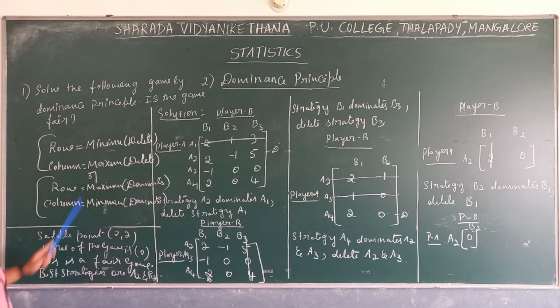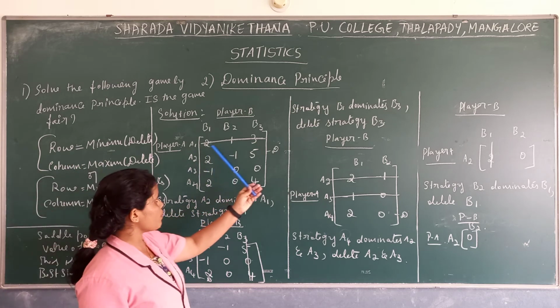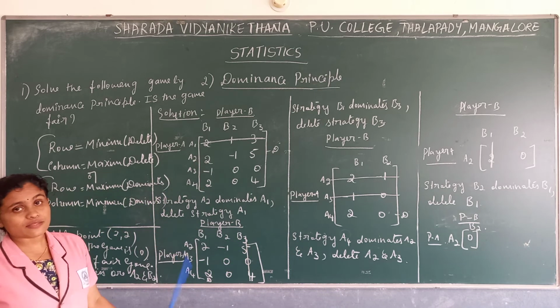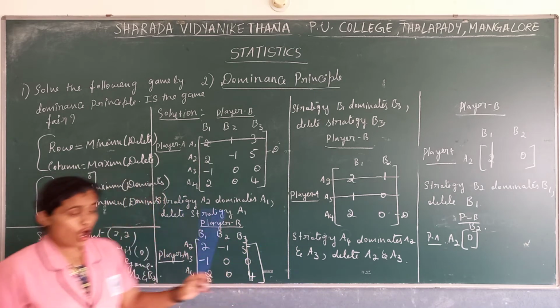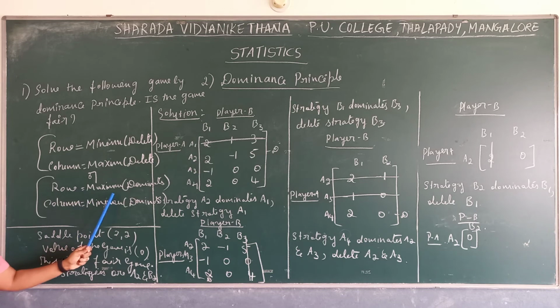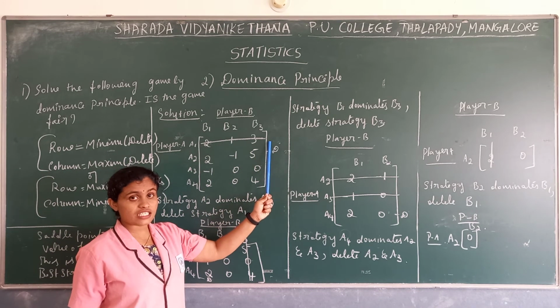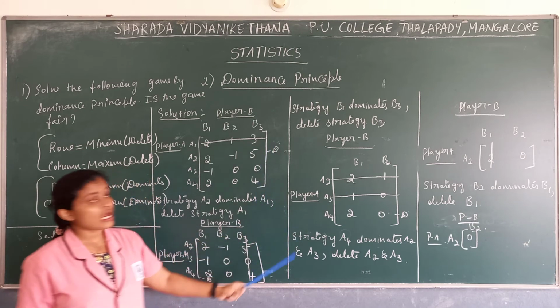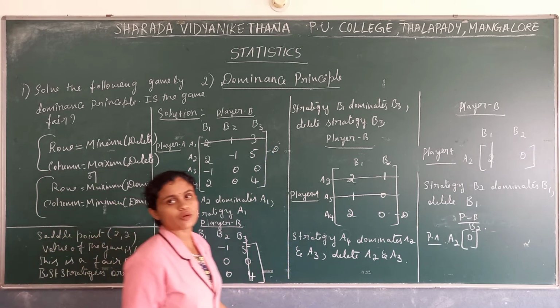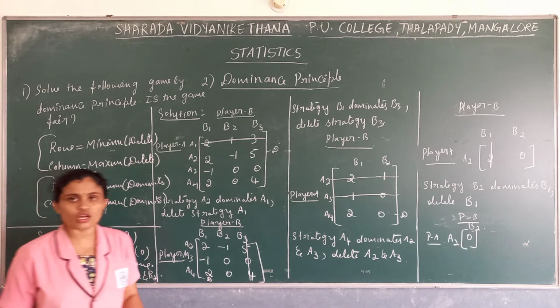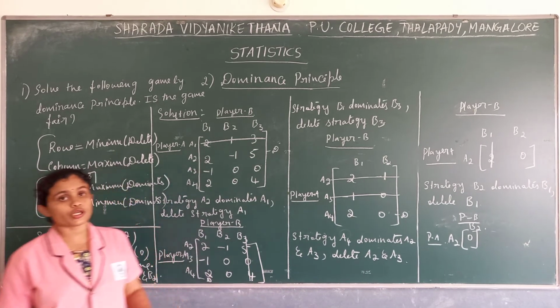Either this or this. One, that is row wise, which one you have to delete: the smallest one. Column wise, the maximum one you have to delete. Or else you have to remember which one dominates. Row wise, the largest one dominates, and column wise, the smallest one dominates. But whichever row or column dominates, that we are not going to delete, the other one we are going to delete.